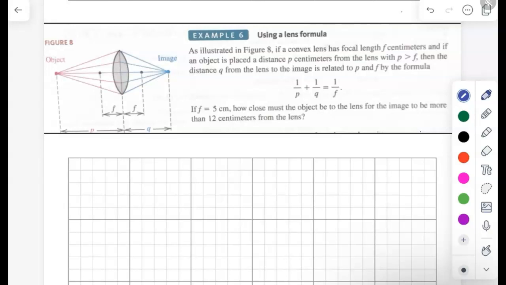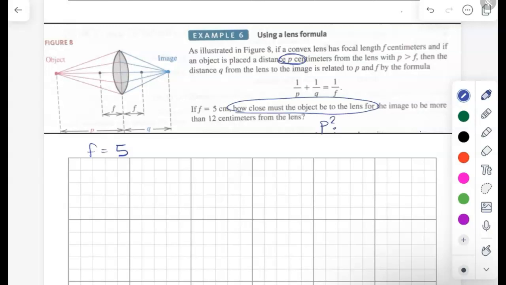So from the information given, we've got f is 5. So we could go through and fill that in. They're also saying here, how close must the object be to the lens? So the distance from the object to the lens is p. So they want to know about p.